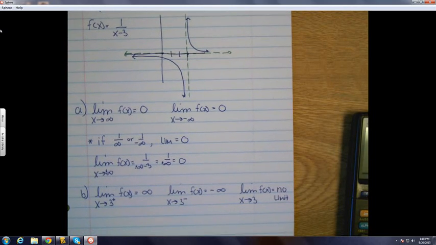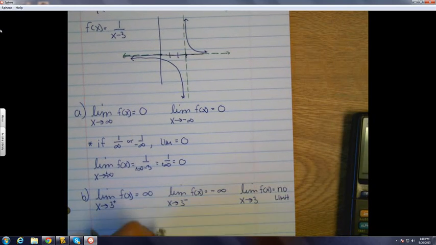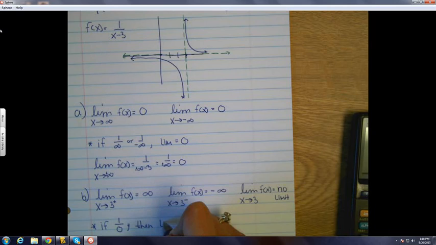So, how are we going to do that? That's looking at the graph and getting it. How can we do it algebraically? If at any time your problem takes on 1 divided by 0, you're going to say that's infinity, instead of undefined.